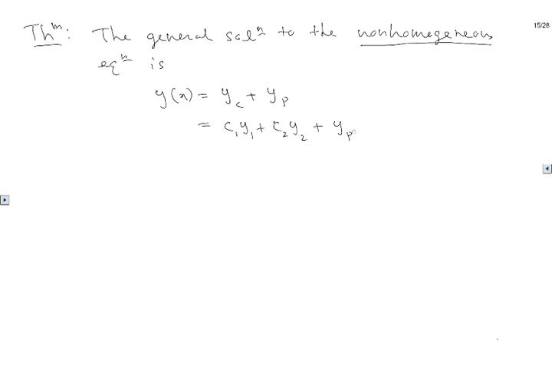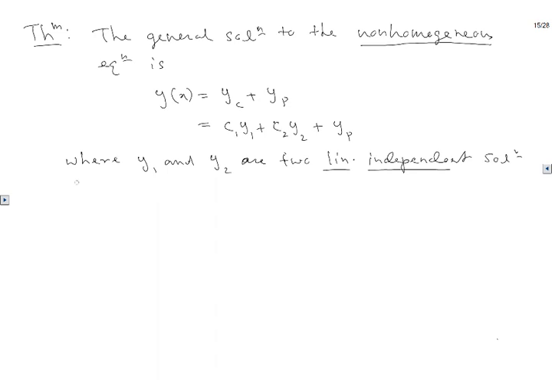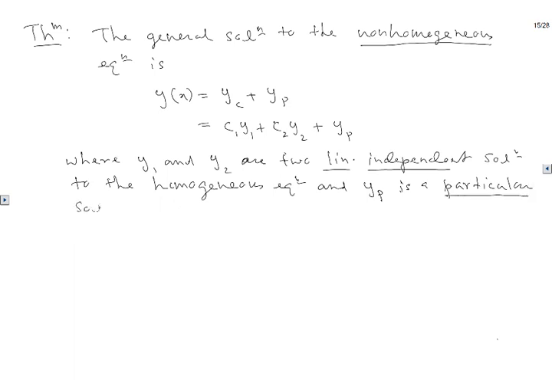This is a general solution where y1 and y2 are two linearly independent solutions to the homogeneous equation, and yp is a particular solution to the non-homogeneous equation.